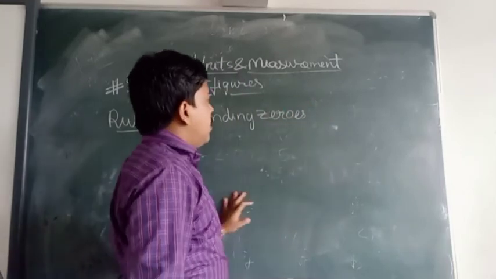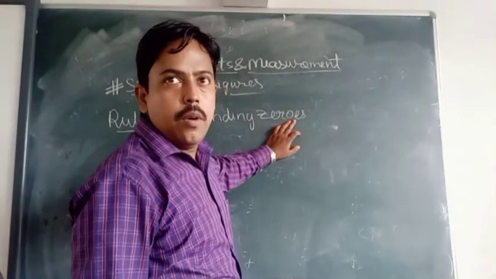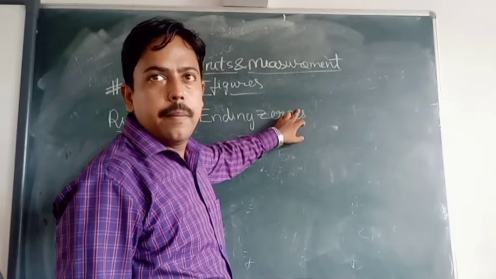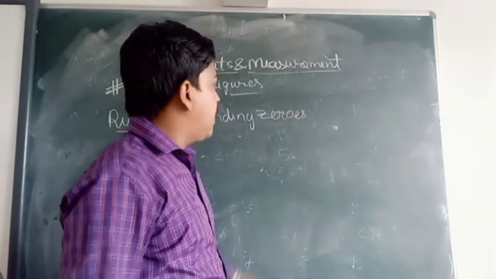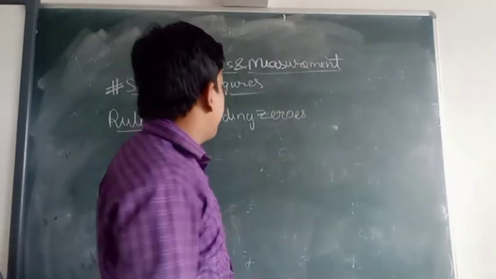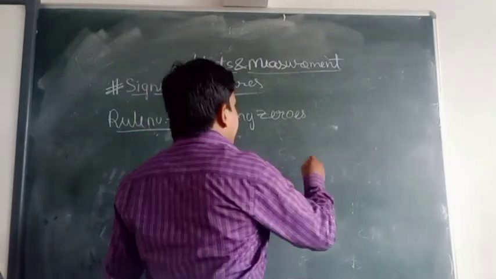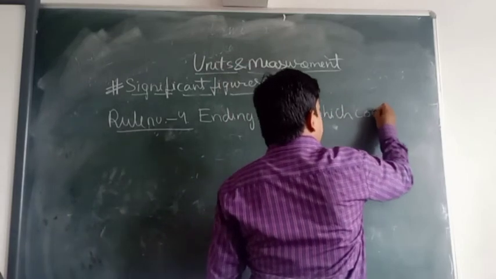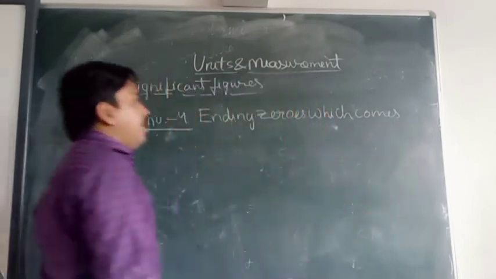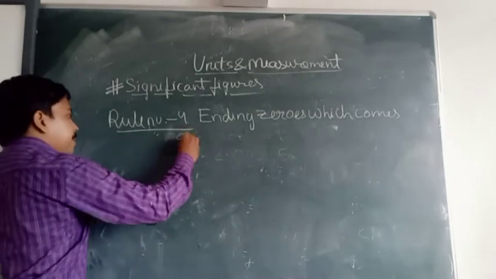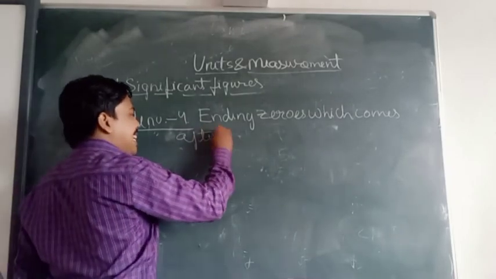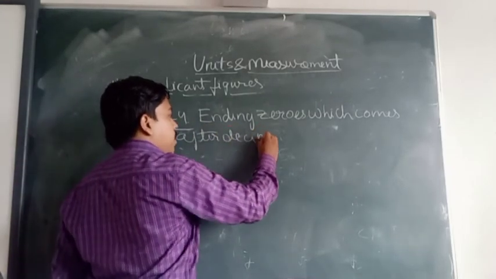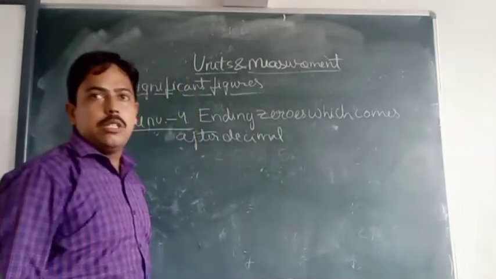Ending zeros which come after decimal, always remember, not after any non-significant digit.